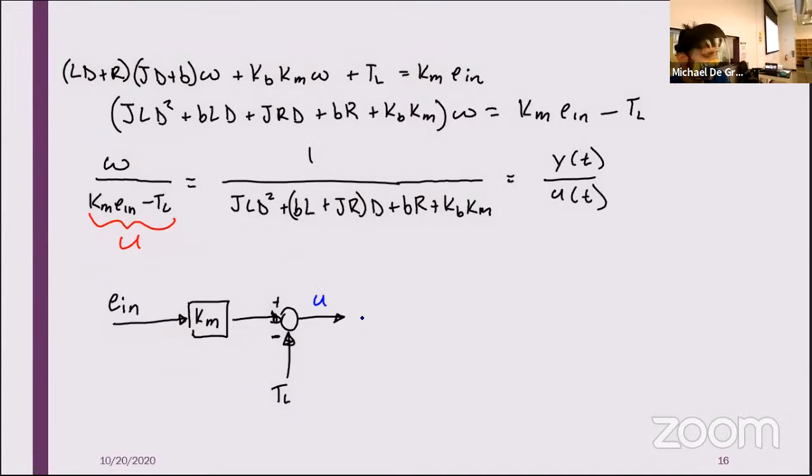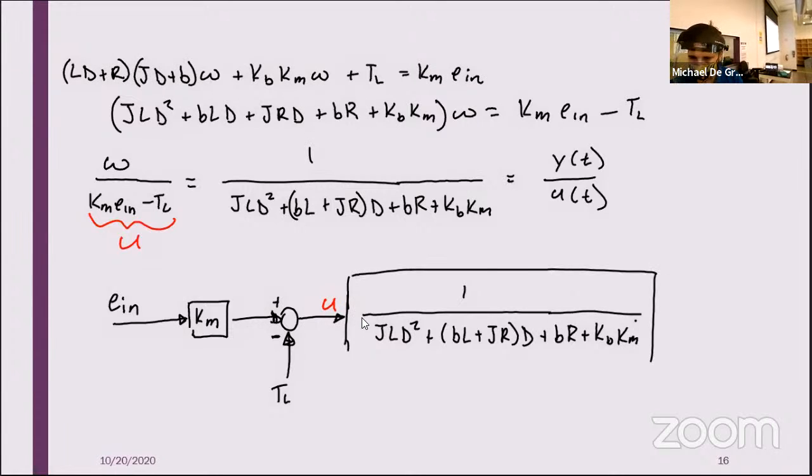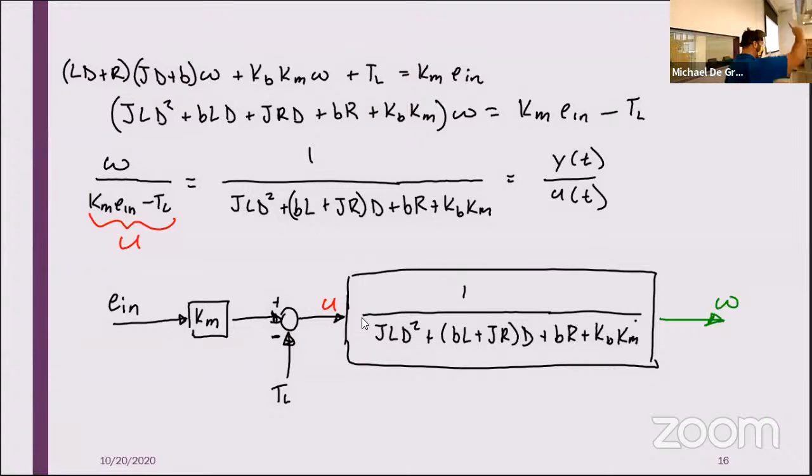U. Let me use red so that it tracks back. What does U get multiplied by? That transfer function. What comes out? Omega. Notice, no longer a feedback system when we do it this way. How do I know? Well, the signal doesn't get fed back at all.